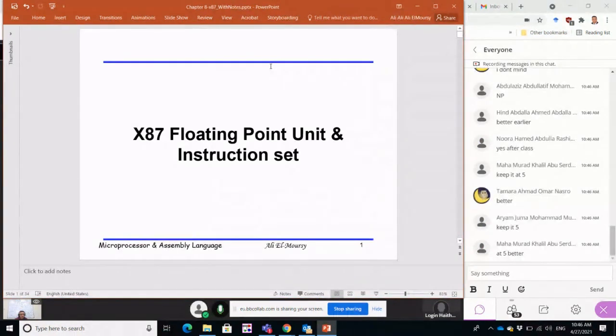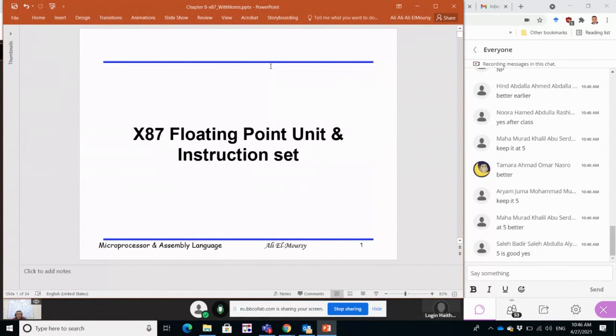If you prefer to leave it at 5 as it is, I have no problem. It makes no difference for me. So let's leave it at 5, inshallah, on Thursday. It will not be that long, half an hour at maximum.